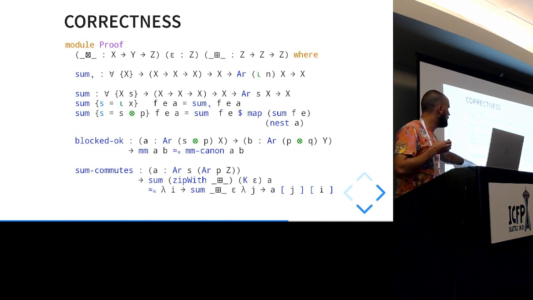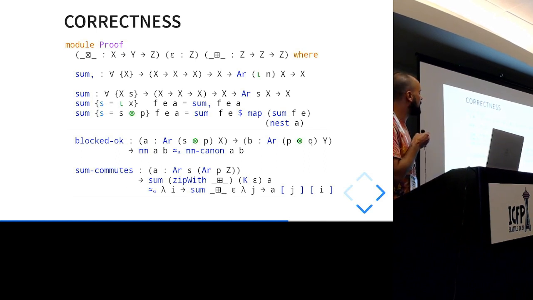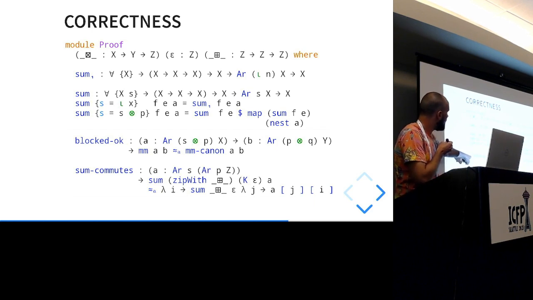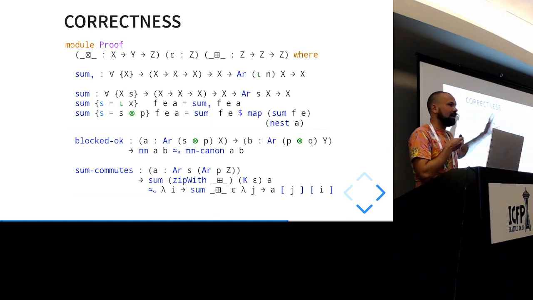You just need one lemma that tells something about the way you sum elements around. Now, what is interesting about this particular result is that I can prove that this blocked matrix multiply works on very generic types. By the way, you see that these X, Y, and Z might all be different types.